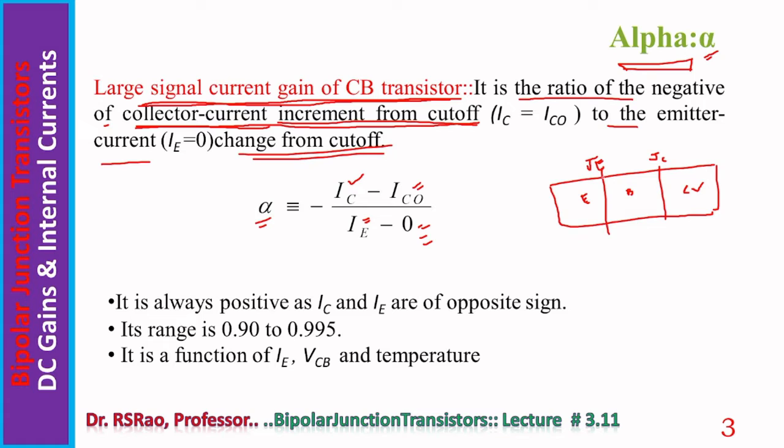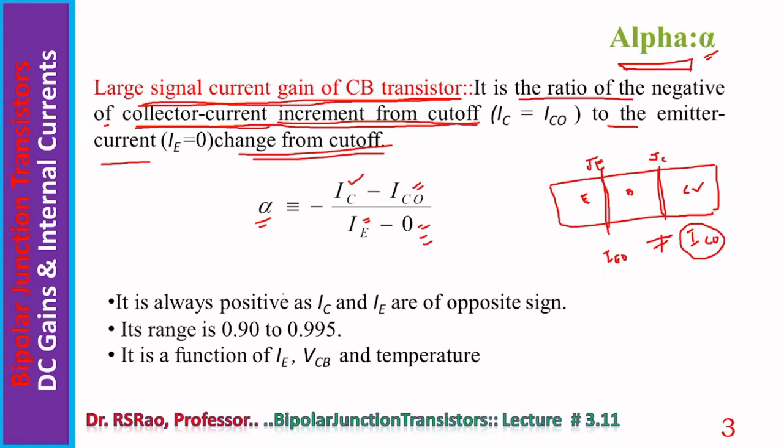Therefore, the reverse saturation current pertaining to the emitter junction cannot be the same as that pertaining to the collector junction. Hence, IE naught, the emitter junction reverse saturation current, can never be equal to the collector junction reverse saturation current. This aspect one has to keep in mind. So IC naught refers to the collector junction reverse saturation current.